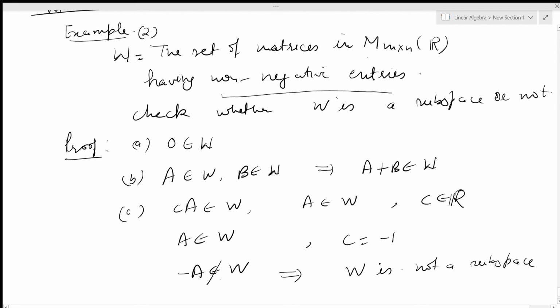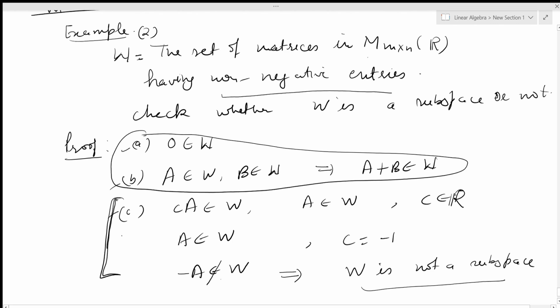To show it is not a subspace you only have to check any one property. In exams also, if you write this one only, it is also true. There is no need to prove the other two. So this is an example of a non-subspace. I am just stopping here. Thank you guys.